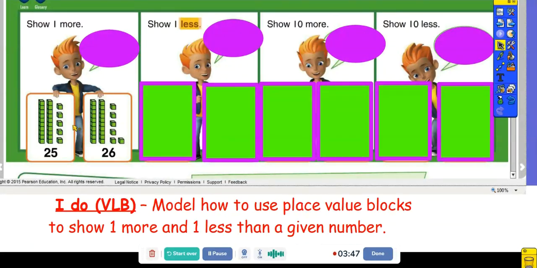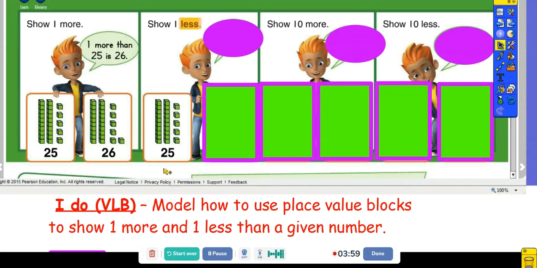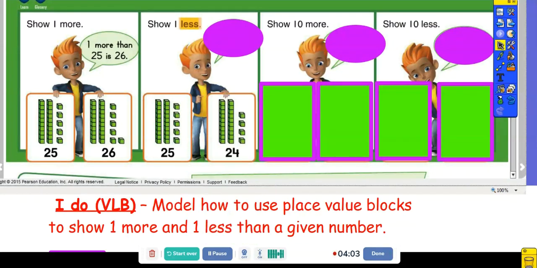So one more of 25 is 26. If we want to show one less, again, we're back at our original number of 25. To show one less, we're going to take 1 cube away. So now we have 24. So 1 less than 25 is 24.